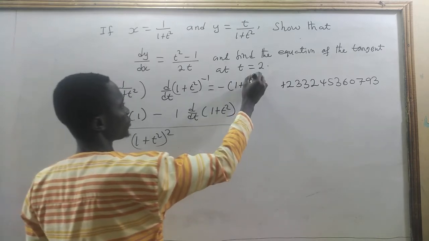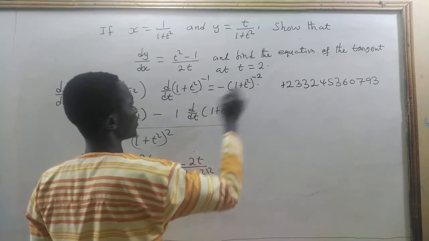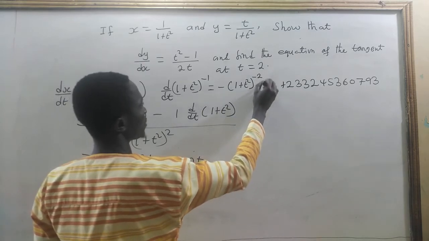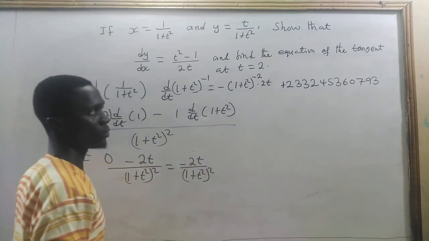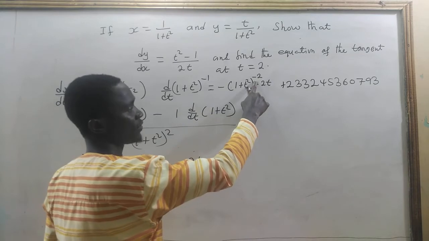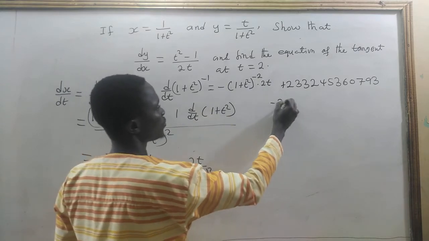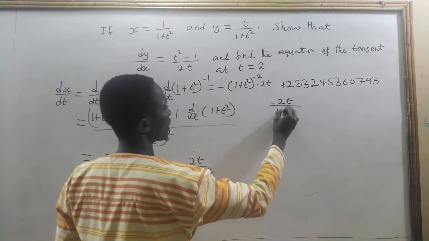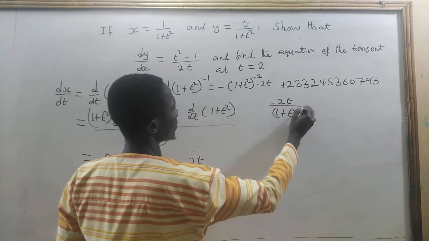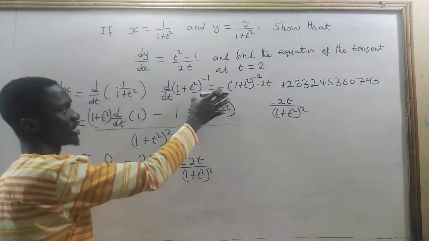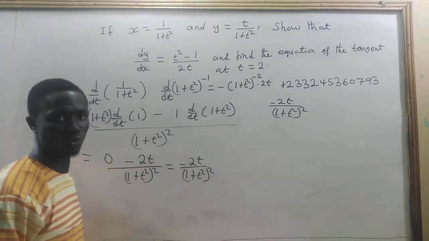You subtract 1 from the power to get negative 2, then you differentiate what is inside to get 2t. Then you write it as negative 2t divided by 1 plus t squared all squared. So whether you use the chain rule or the quotient rule, you get there.